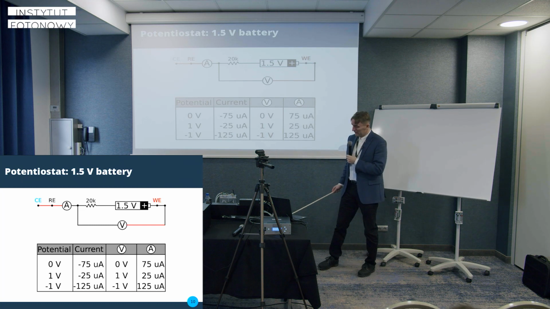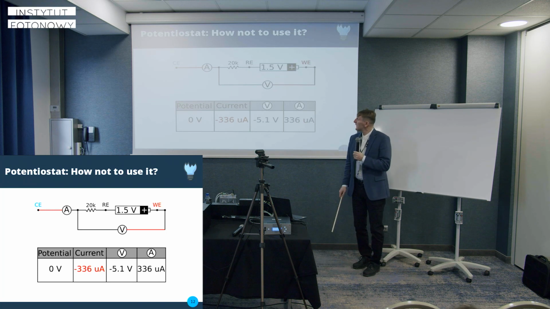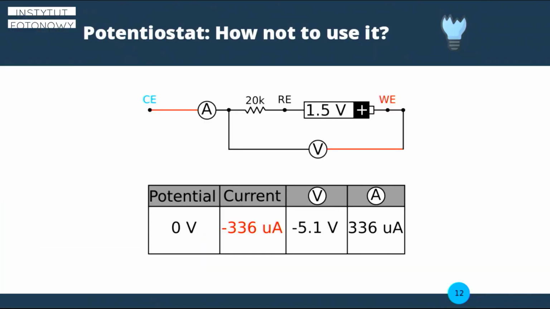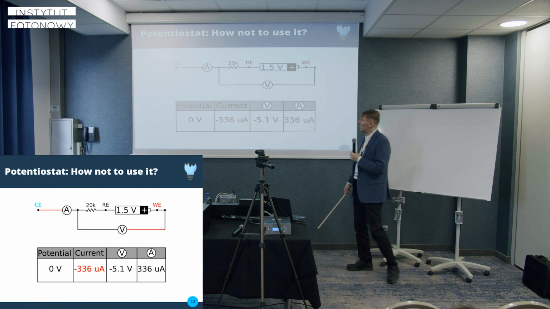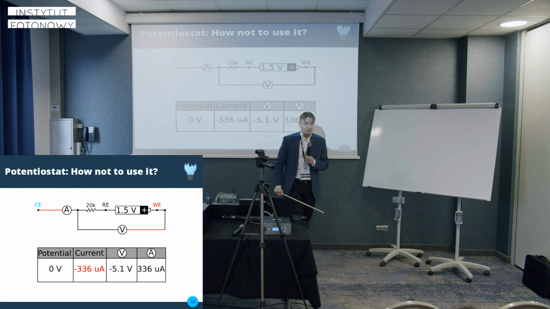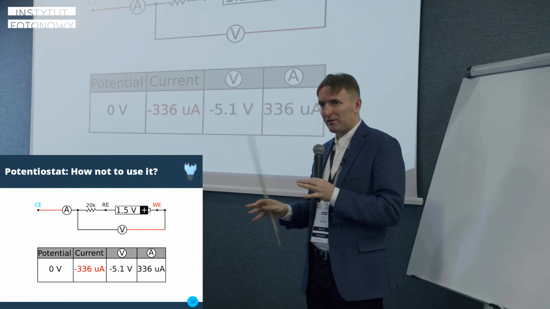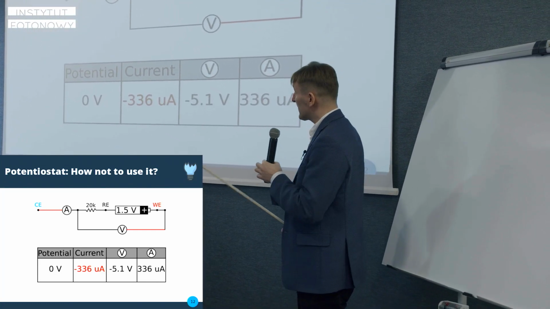And perhaps you will understand it better. So, is it really? No, this is this one. Now we have changed just the position of a reference electrode. It used to be on that side of the resistor. Now it is on that side. Okay, so we have the same building blocks, but the system will behave totally different. Why is that?